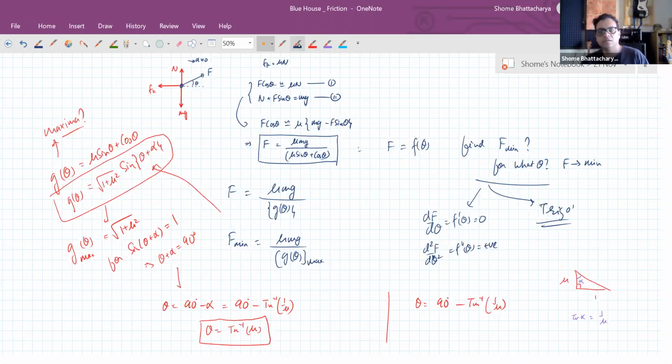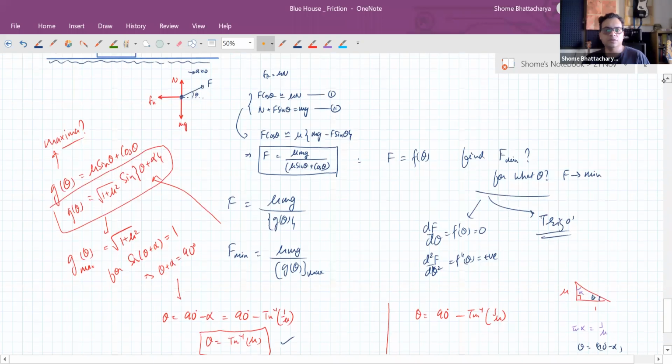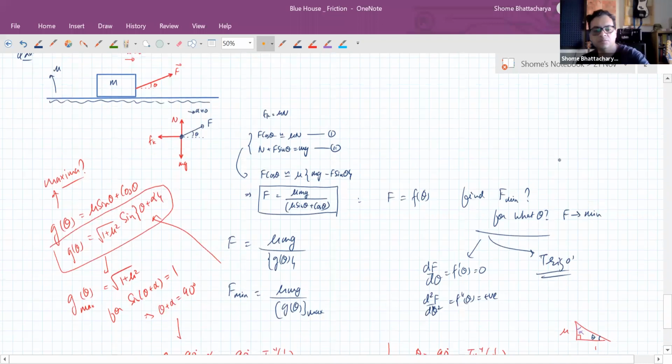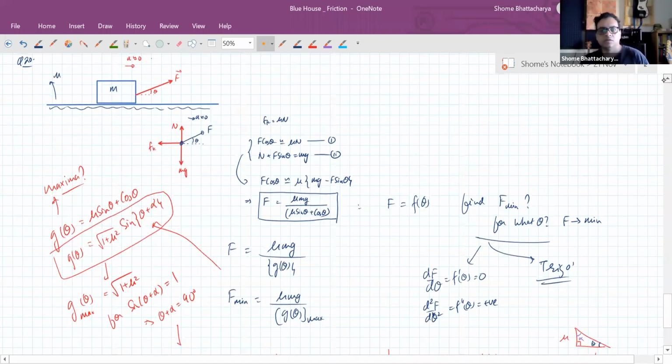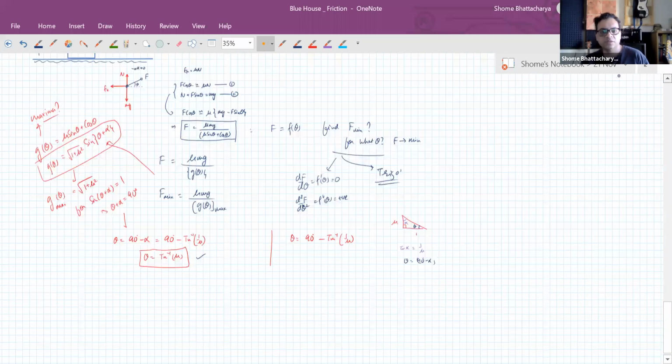So this angle is theta, and this becomes 1. So again that trigonometry trick becomes very useful in a question like this. This is an important application of friction as well as trigonometry.